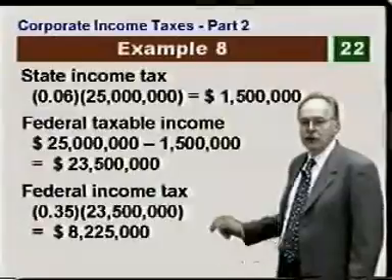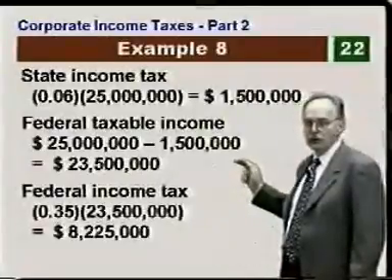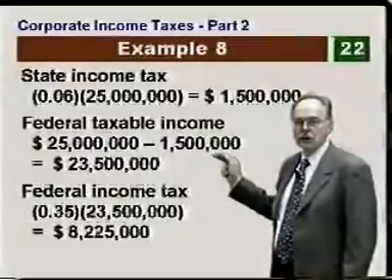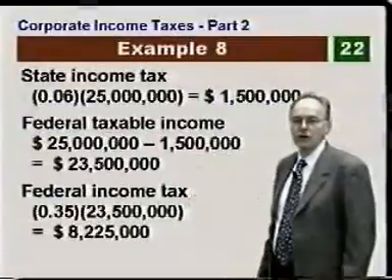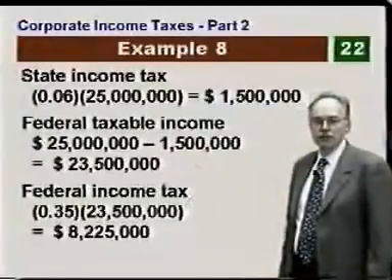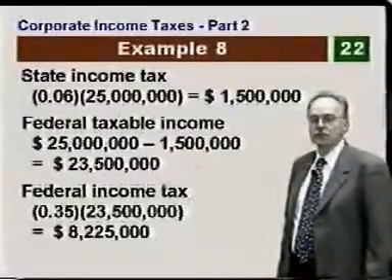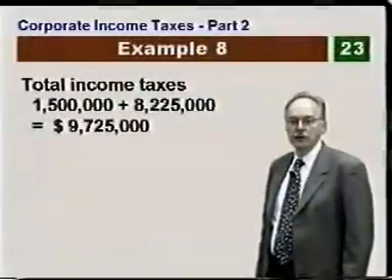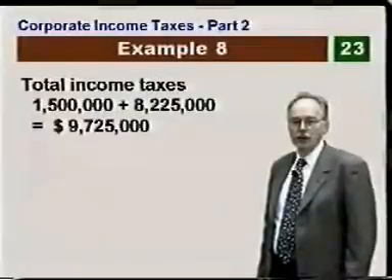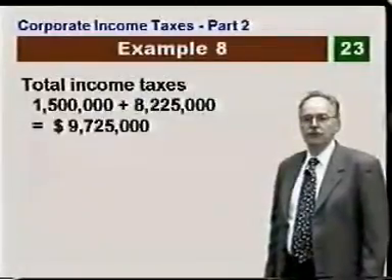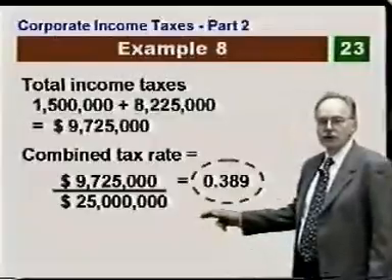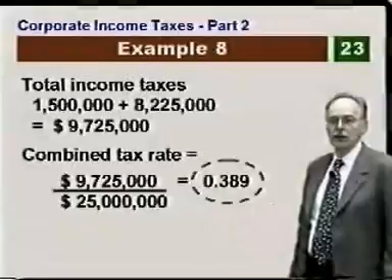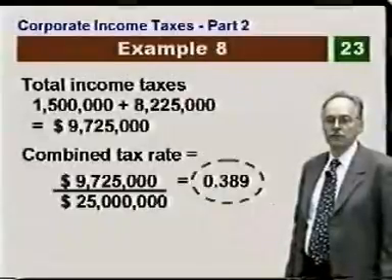Our federal taxable income now, recognizing this new deduction that we had not considered before, becomes $23,500,000, subtracting the $1.5 million from $25 million. The federal tax on that is $8,225,000. That gives us a total income tax of $1.5 million plus $8,225,000, $9,725,000. The combined tax rate then on the original taxable income, 25, is 0.389, or 38.9%.